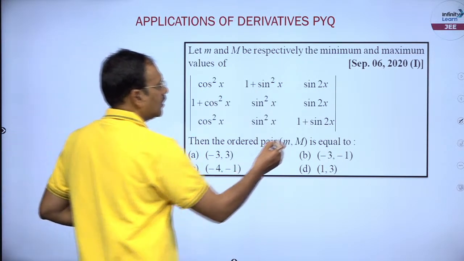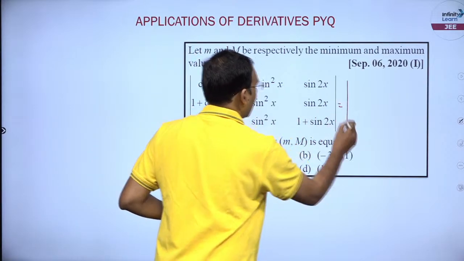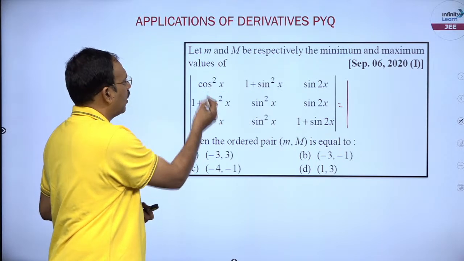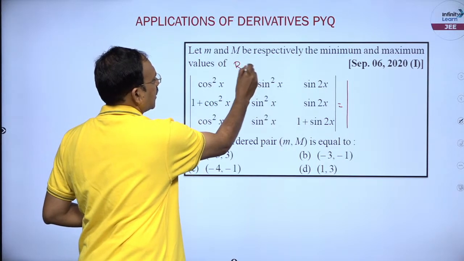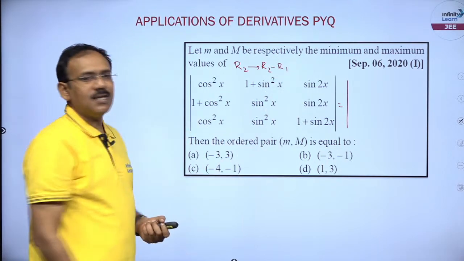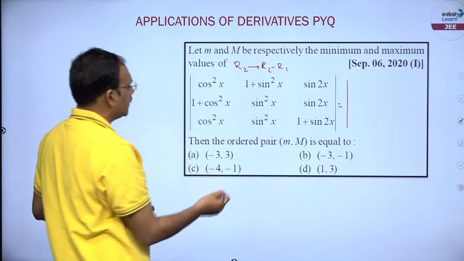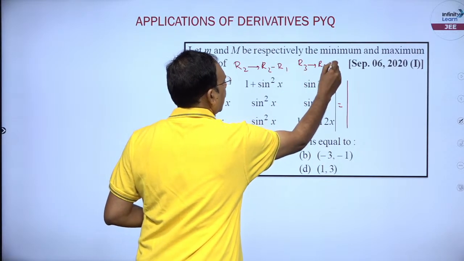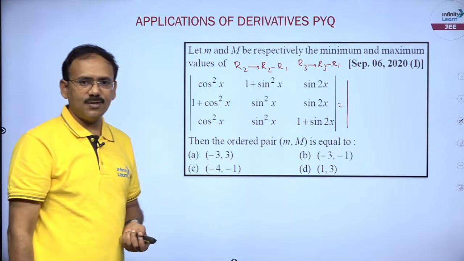You can operate with the help of R1: I change R2 as R2 minus R1, so that a slightly simplified version comes. Similarly, R3 I change as R3 minus R1.